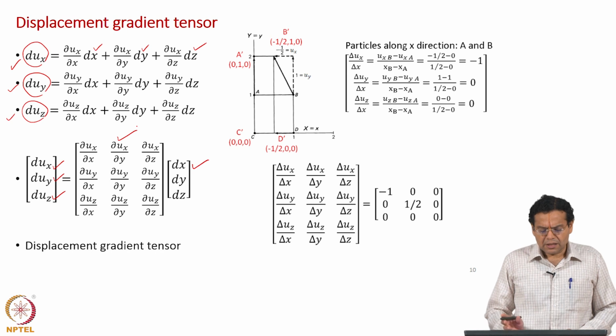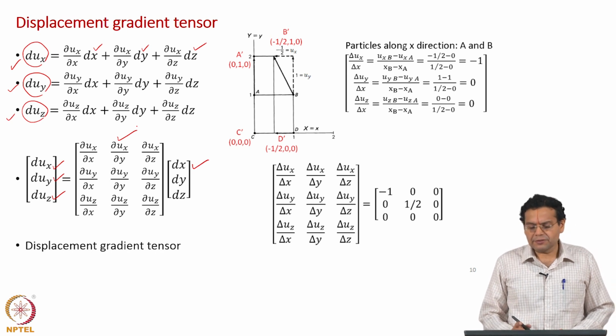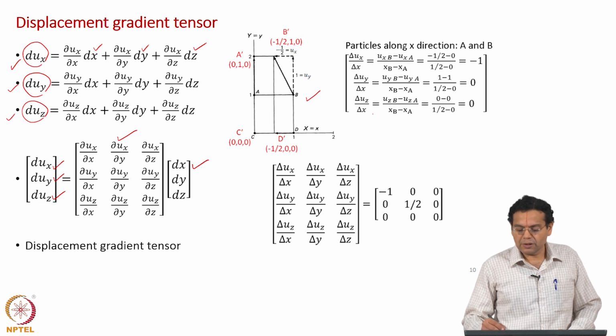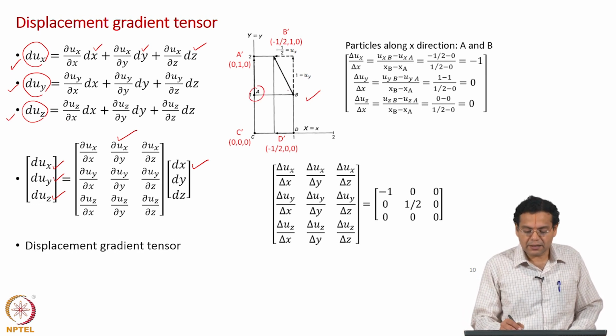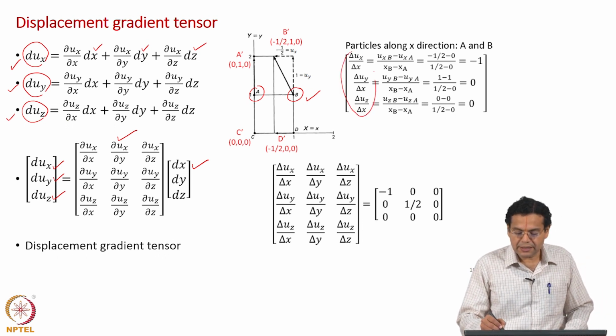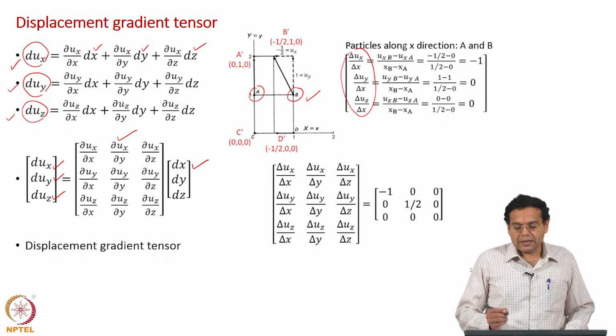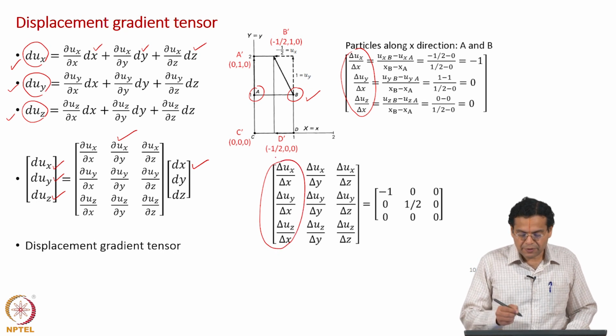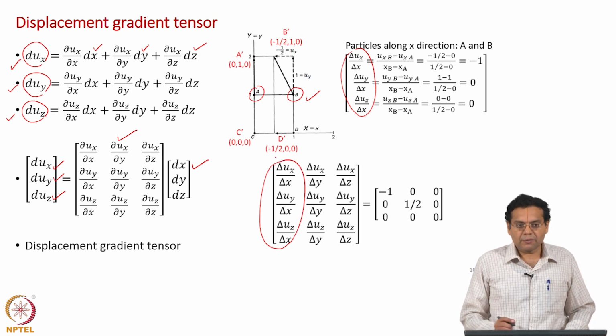Now, look at the example which we have seen earlier. We took this example, we took 2 particles along x direction, we found out these 3 derivatives in terms of difference in x, y, z displacement, and then we wrote this in the form of a column, not in the form of a row.